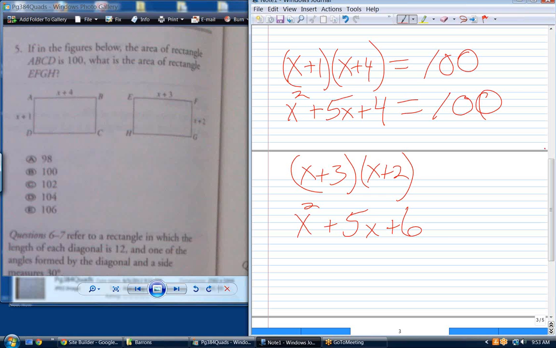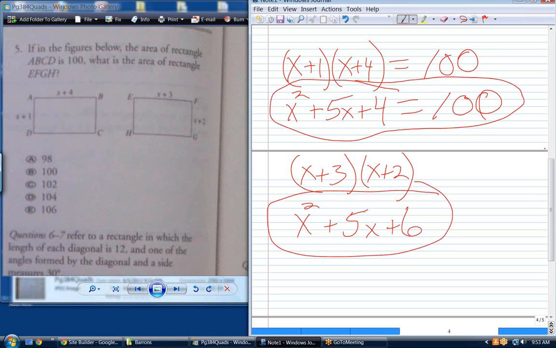I know, and I'm not seeing it. Well, if I compare this, now I see it. If x squared plus 5x plus 4 equals 100, what is x squared plus 5x plus 6 equal to? 98. 2 more, not 2 less. Okay. 102.